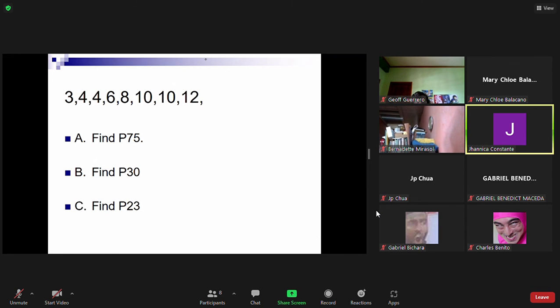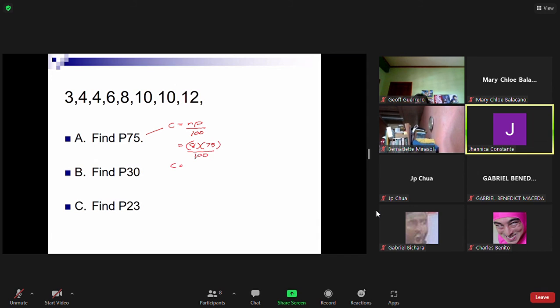So let's solve for the 75th percentile in the set of data that we have. So C is equal to NP divided by 100, which is 8 times 75 divided by 100.